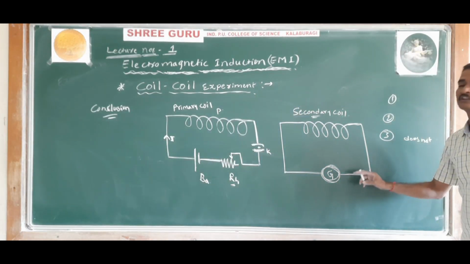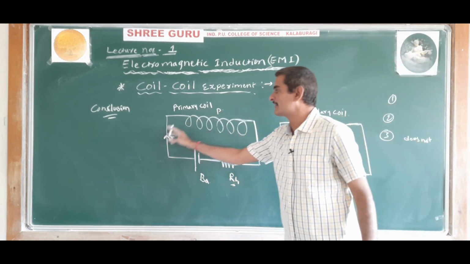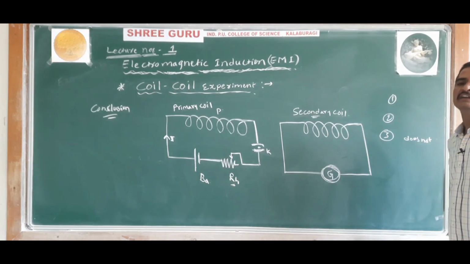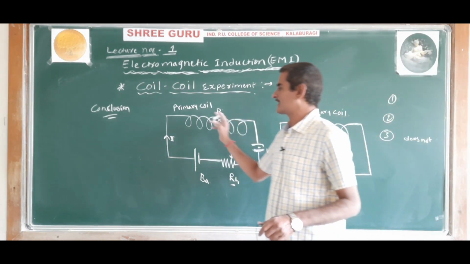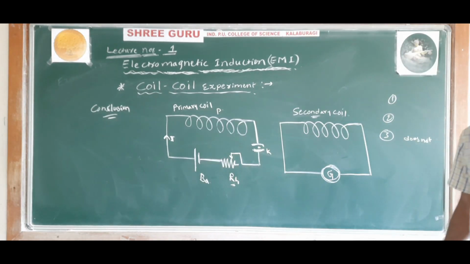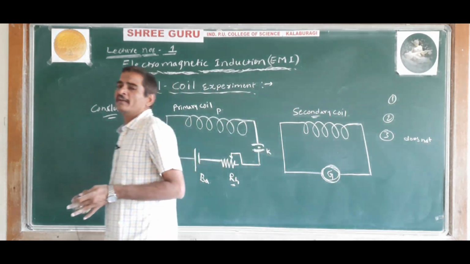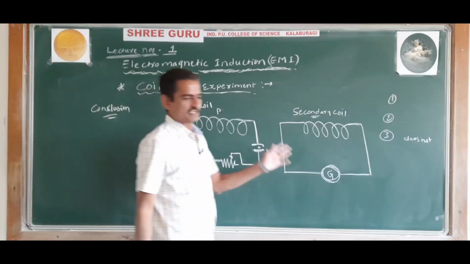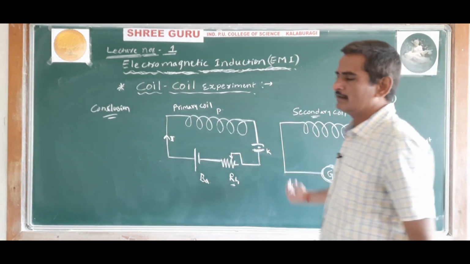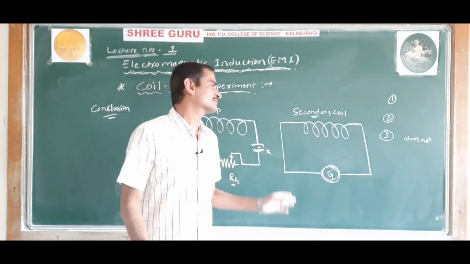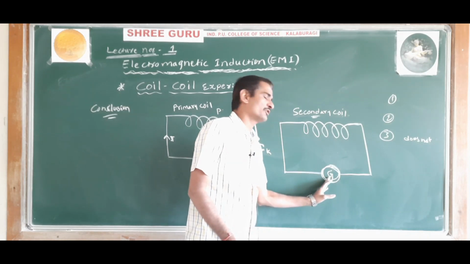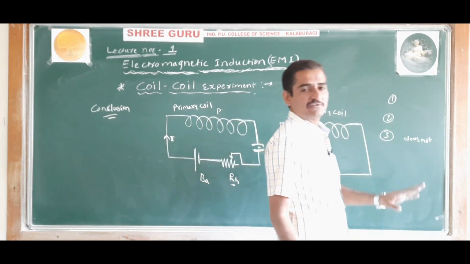The galvanometer in the secondary coil shows the deflection only when the current in the primary coil changes, because when the current changes, the magnetic flux linked with the coil changes. When the magnetic flux changes, the induced EMF is produced, and due to that induced EMF an electric current is produced, and then the galvanometer shows the deflection.